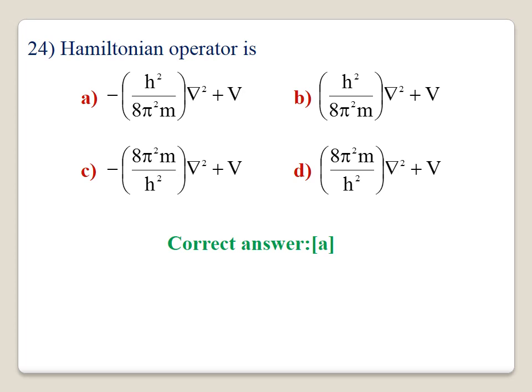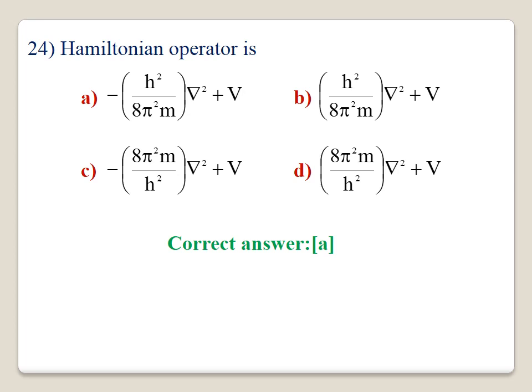24. The Hamiltonian operator is the sum of the kinetic energy plus potential energy. You see in option 1, the first term is the kinetic energy operator and the second term is the potential energy operator. You add these two terms, that will give the Hamiltonian operator.